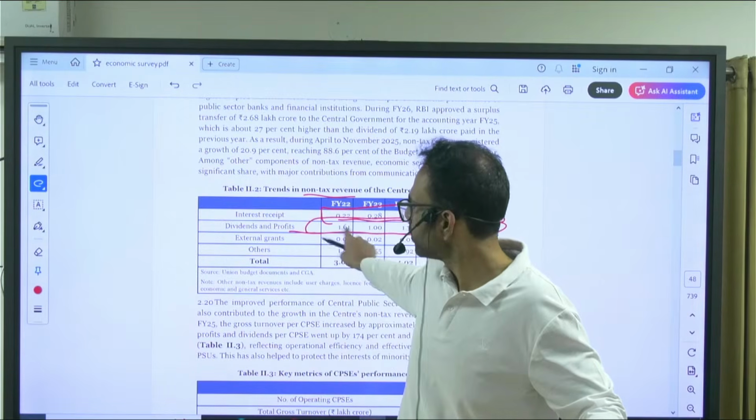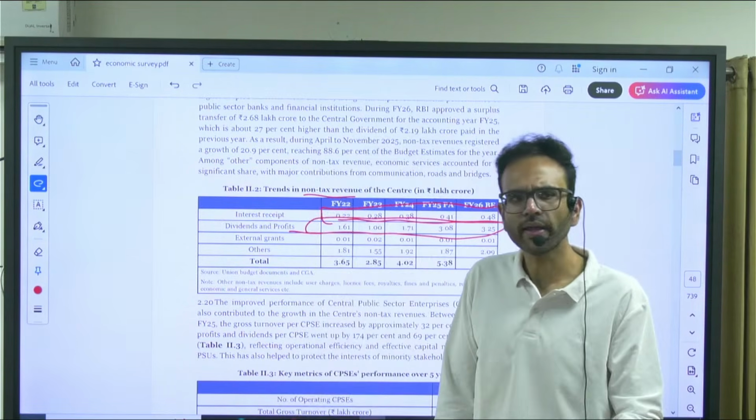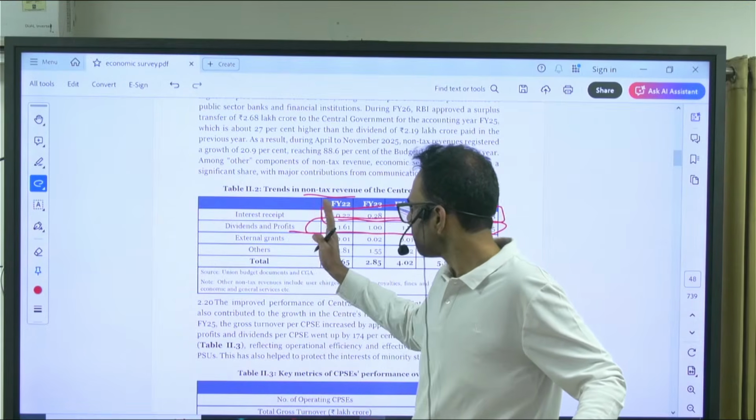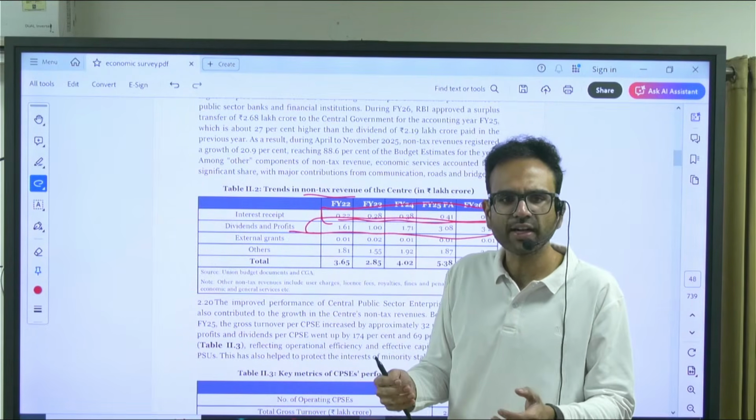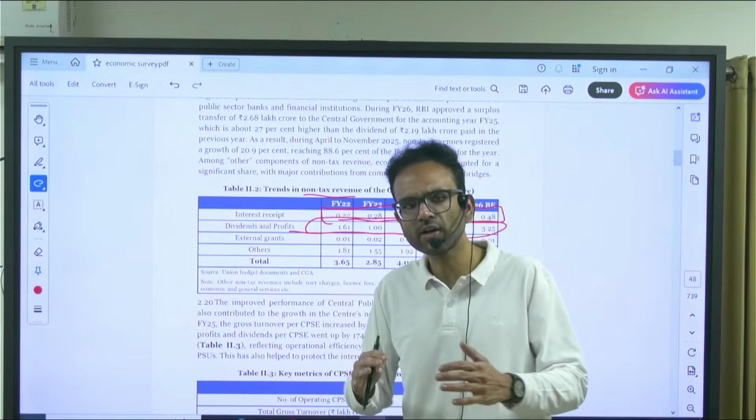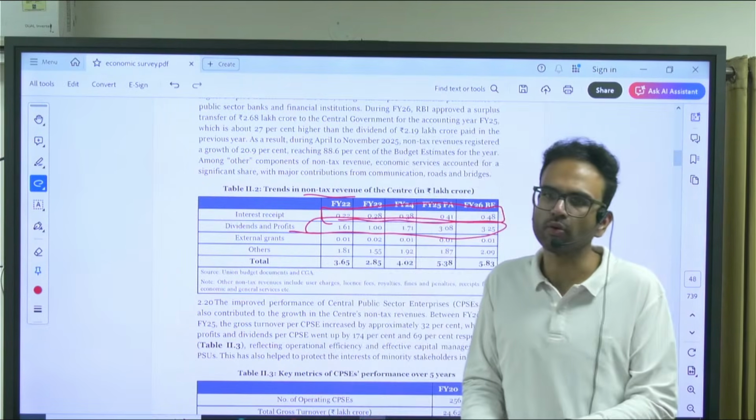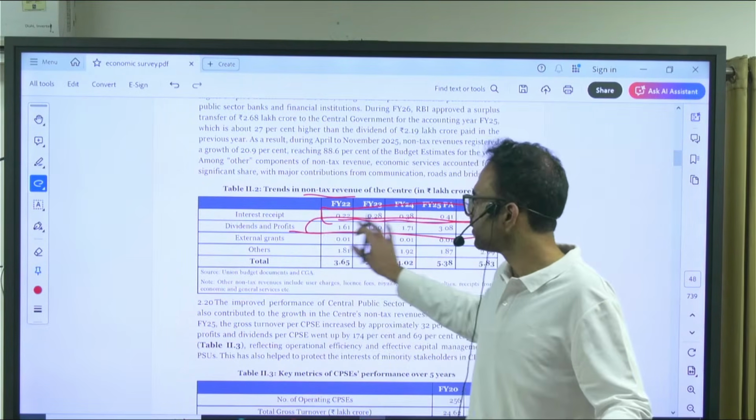That's why we were able to see this trend. But when it comes to dividends and profits, sometimes companies decide not to give dividends because they want to reinvest in their business and grow. Clear? So this is the reason.